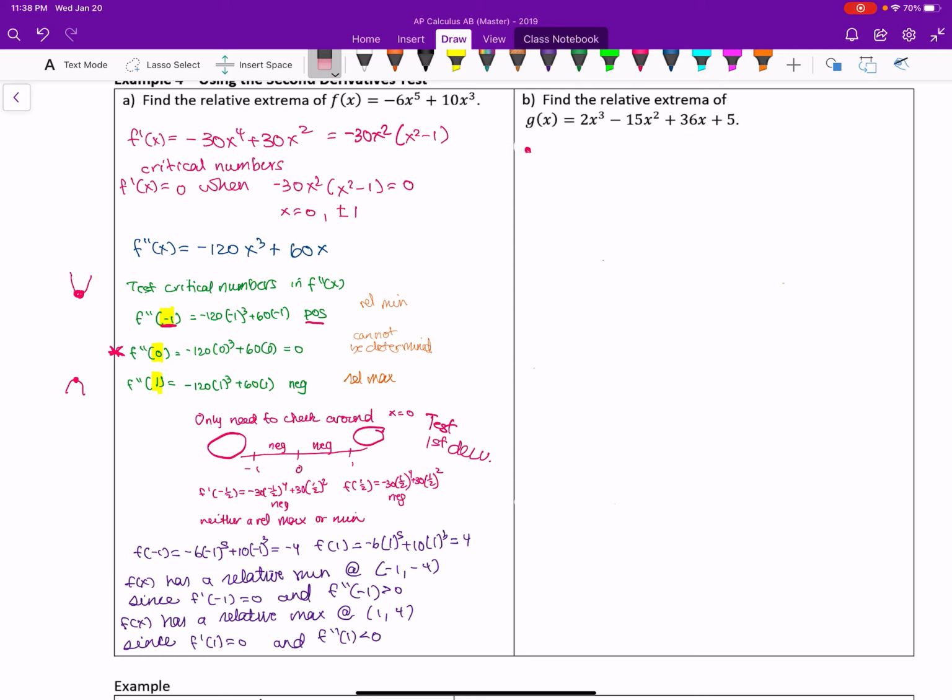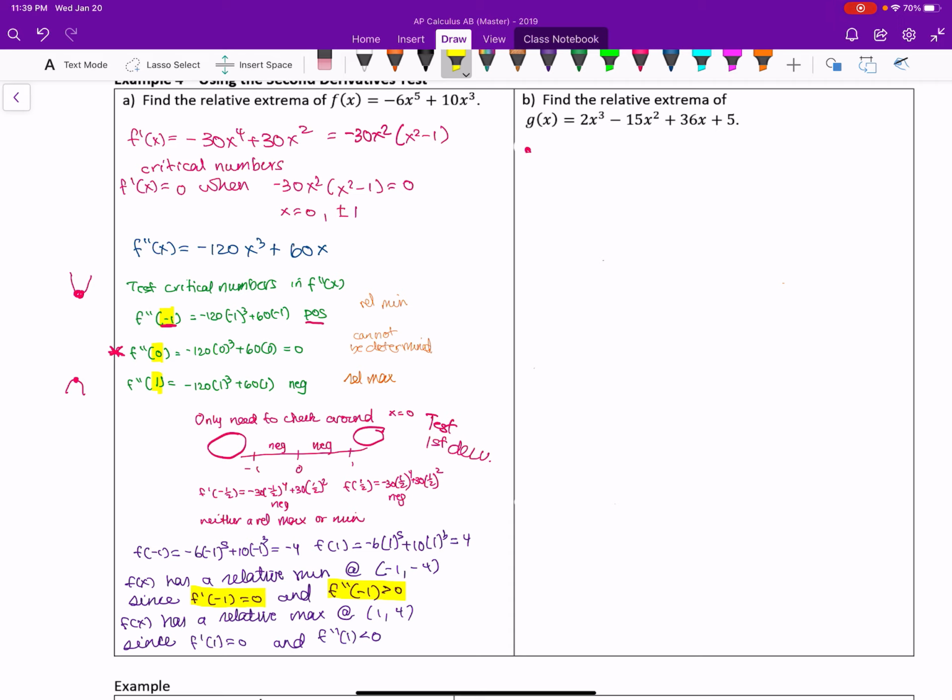So I substitute -1 and 1 into the original function. So I know that f of x has a relative minimum at the point -1, -4, since f prime, so my reasoning changes, right? I state that the first derivative is equal to 0 there, and the second derivative is greater than 0. That is the second derivatives test.